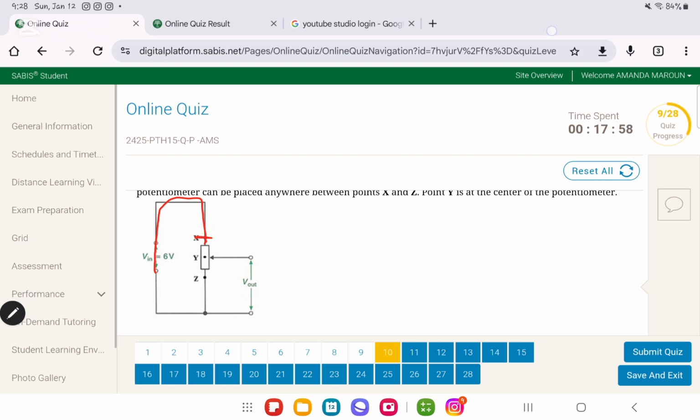However, if you put it on Y, and they said Y is at the center, or in other terms the midpoint of the potentiometer, you are cutting it in half, so it's only going to allow 3 volts to pass. Whereas if you put it at X, it's going to allow 6 volts to pass, or it's going to resist 6 volts. And if you put it at Y, it's going to resist 3 volts.